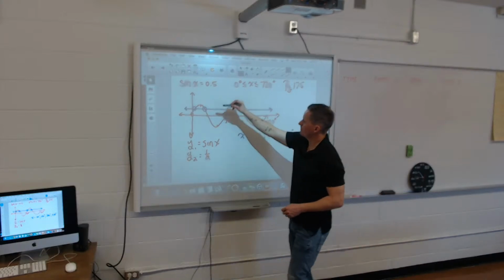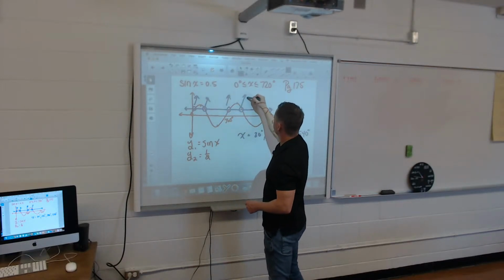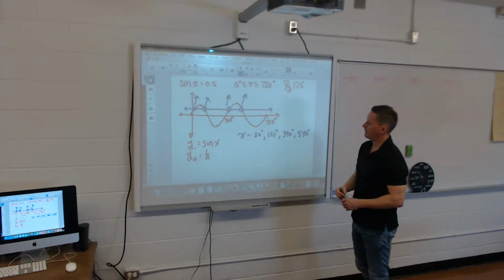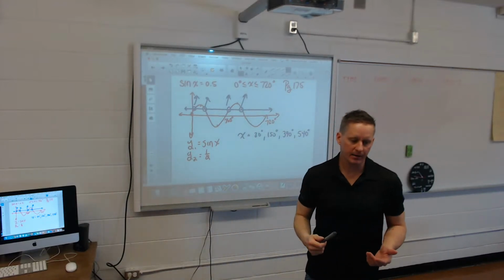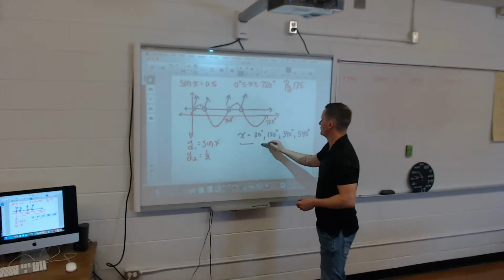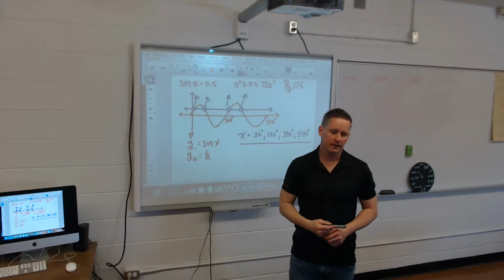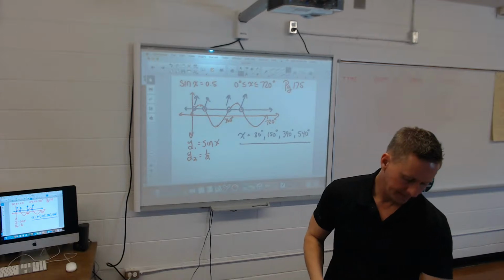So those would be these coordinates right here. There is a way in which we can graph them. However, graphing is probably not the most effective way of doing this. The most effective way is just to use your unit circle and calculate those out.